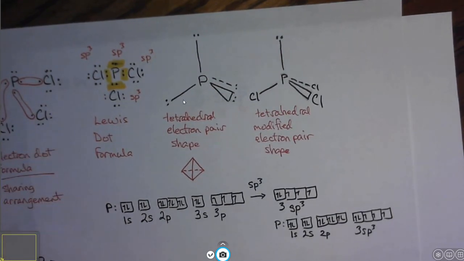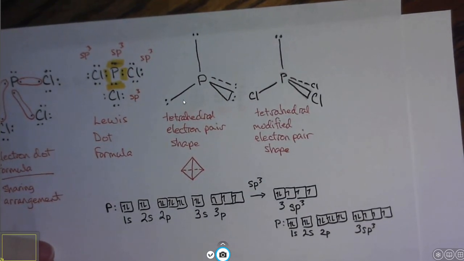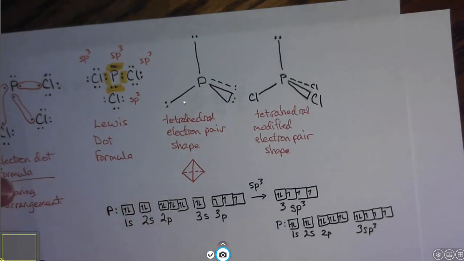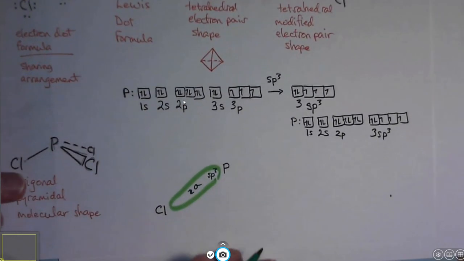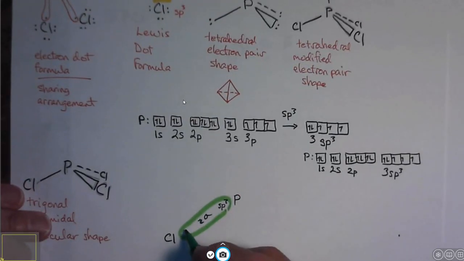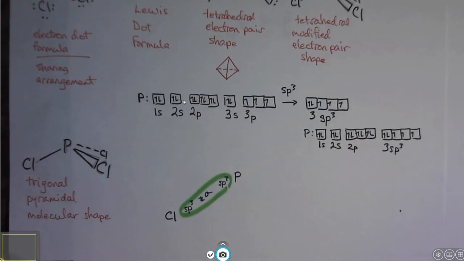The symbol for sigma is the old squiggly line on the end. I got 2 electrons in there. What's the hybridization on the phosphorus? sp3. And the hybridization on the chlorine? Chlorine's also sp3 here, right? Okay, that's one of the sigma bonds there.